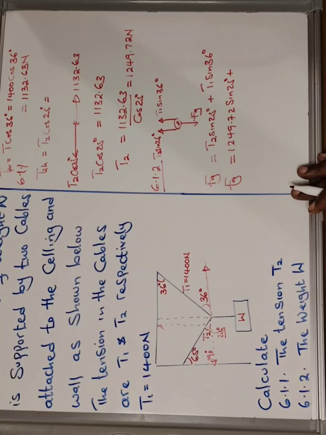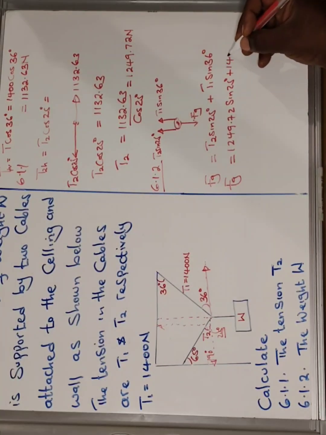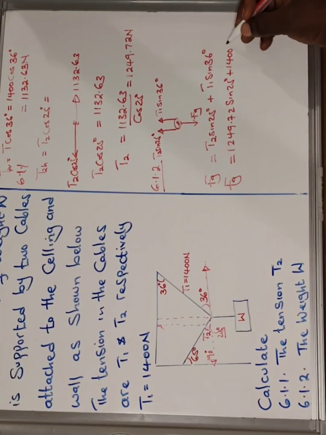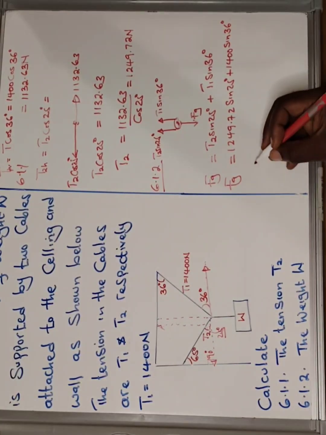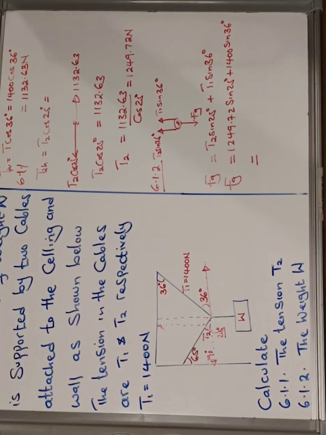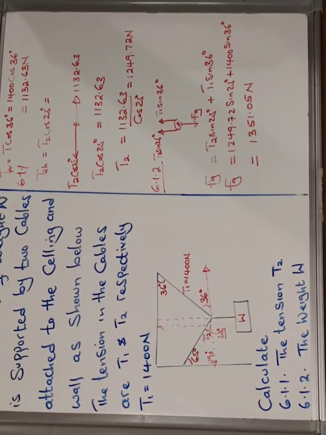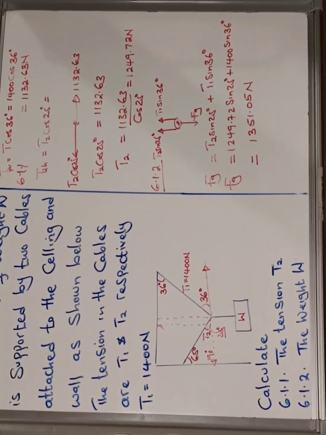Plus T1. What was T1? 1400 sine 36 degrees. So when you substitute for that, we will get the weight W. Let's do that. So that is what we get after substitution and after pressing the calculator. 1351.05 newtons. That is the weight W.